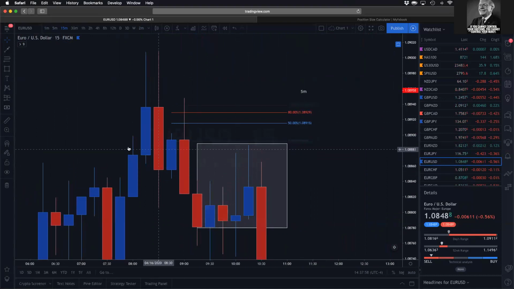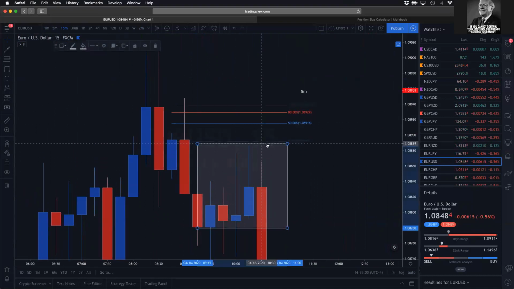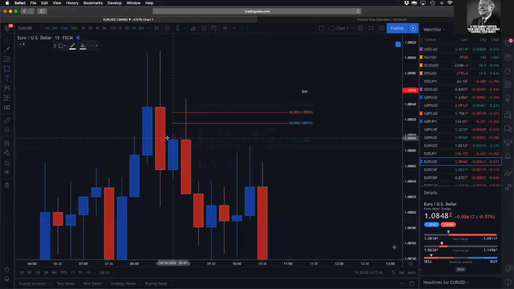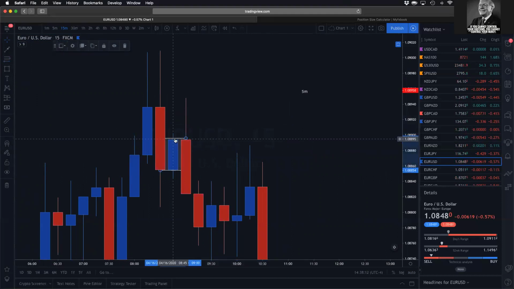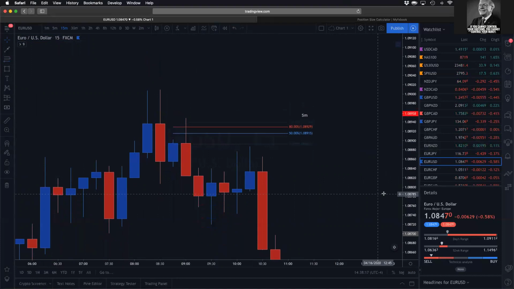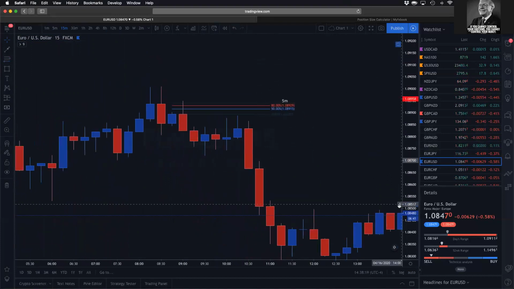And then obviously this position was mitigated out of. Okay, that's been mitigated out of.